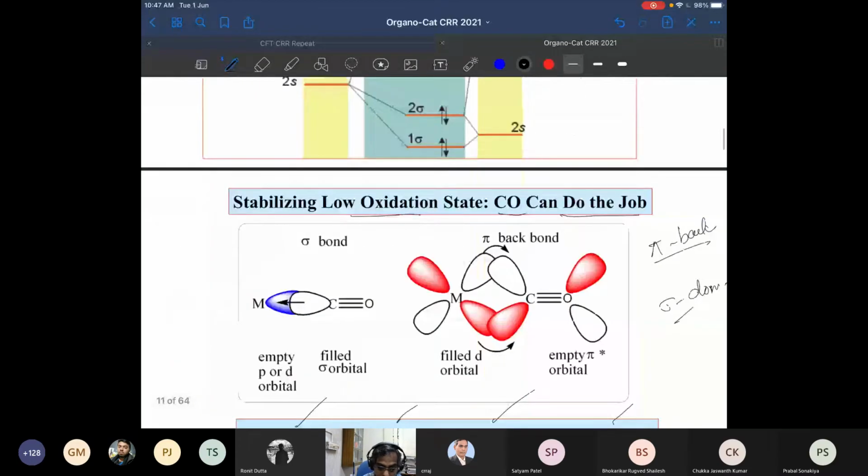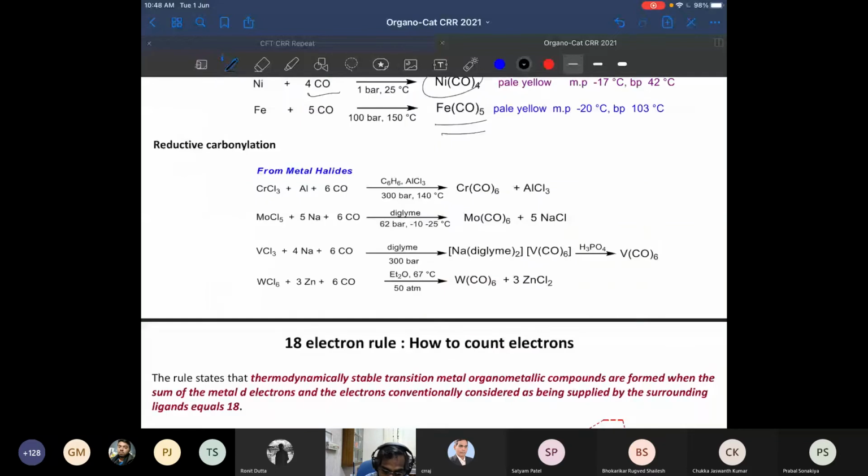Now, how do we synthesize them? A very simple method: you start with metallic nickel and carbon monoxide. At a particular pressure and temperature, you get nickel tetracarbonyl and also iron pentacarbonyl. There are other methods also. From halides, you can easily synthesize your metal carbonyl.